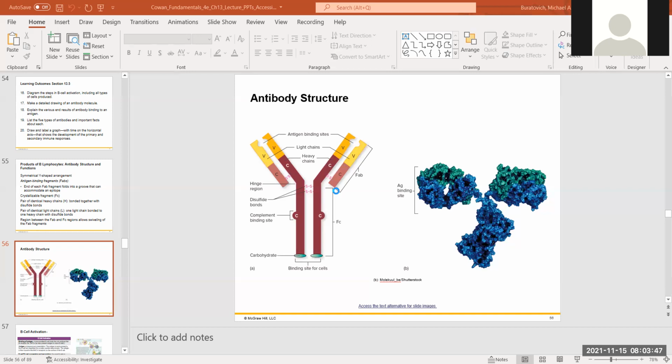Okay, dimer secreted: salivary glands, intestine, nasal membranes, breast, lung. IgG, something I've neglected to mention about IgG: it is the only antibody that crosses the placenta. So that's why OBs now are recommending that mothers who are about to deliver get the COVID-19 vaccine, because her IgG antibodies get secreted across the placenta.